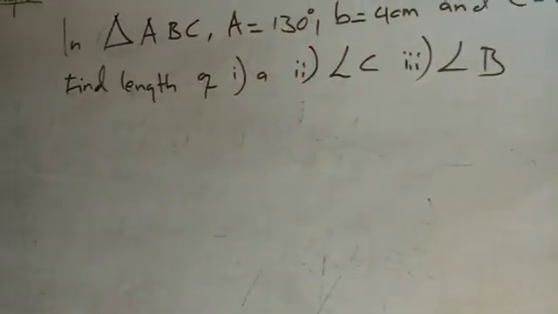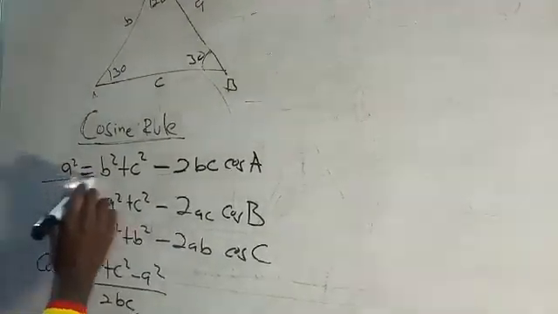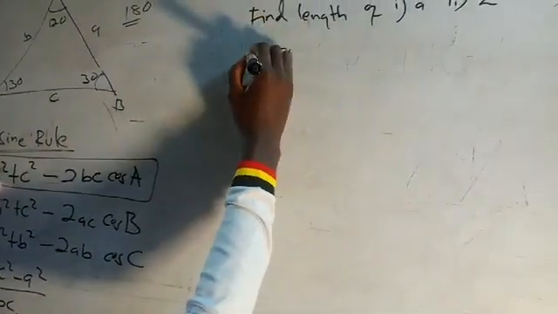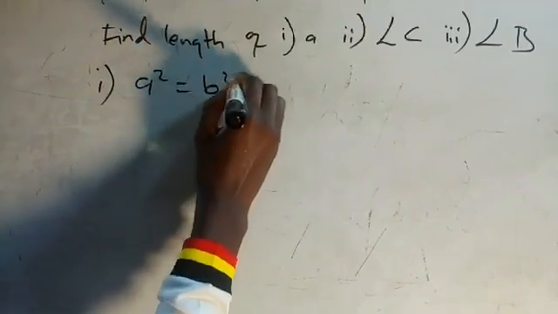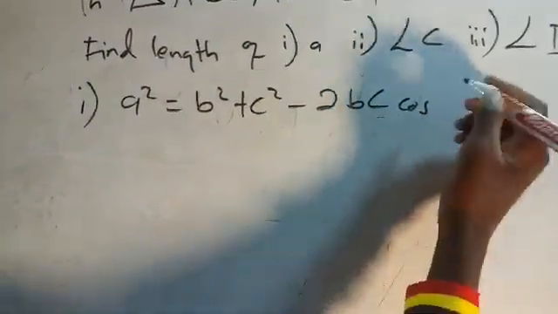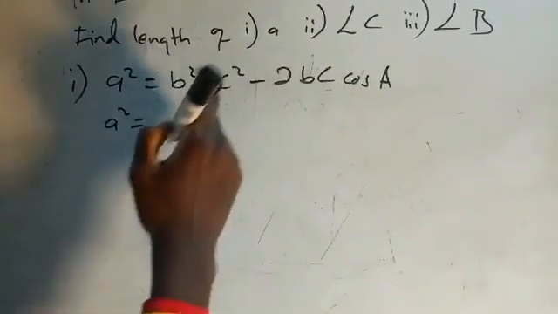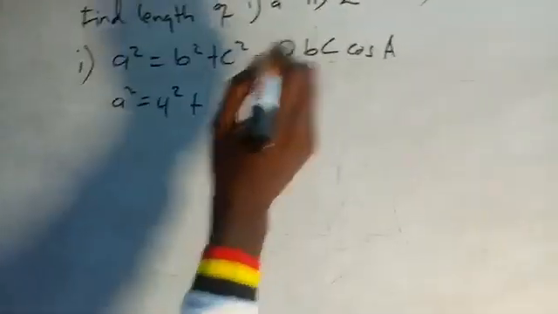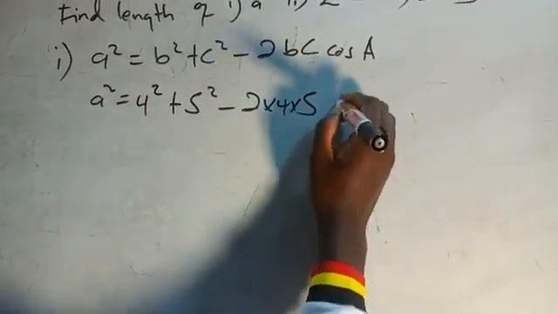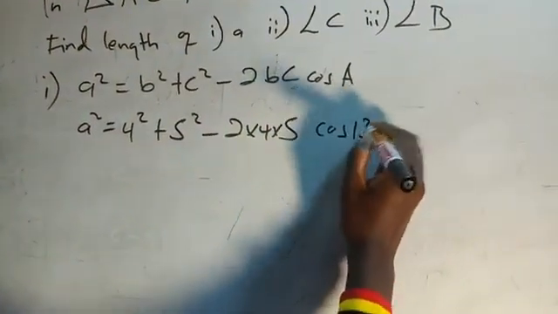Applying our cosine rule, we shall take the first one here, which will be, this is part 1, a squared equals b squared plus c squared minus 2bc cos A. So a squared equals, they have given us b equals 4, which is 4 squared, plus c equals 5, minus 2 times 4 times 5 cos, they have given us the angle A equals 130, cos 130 degrees.